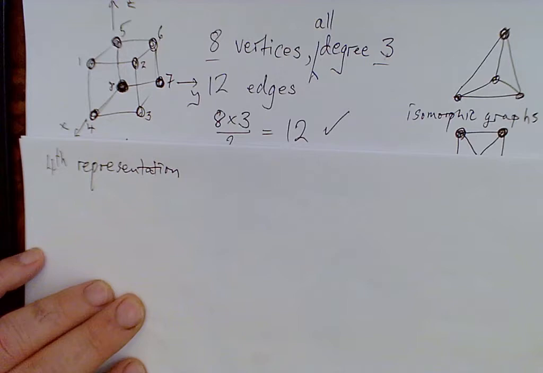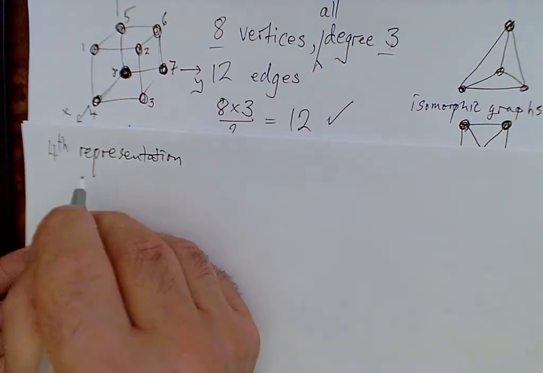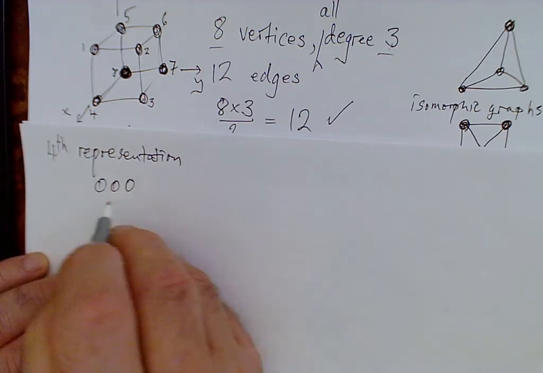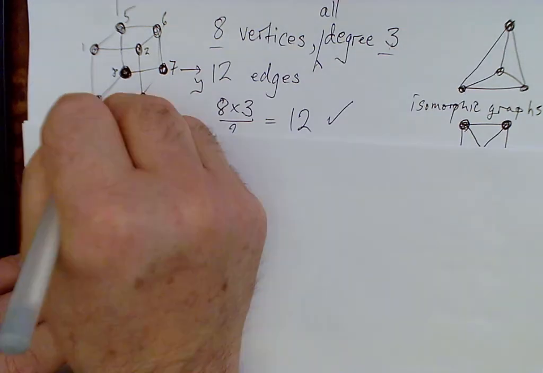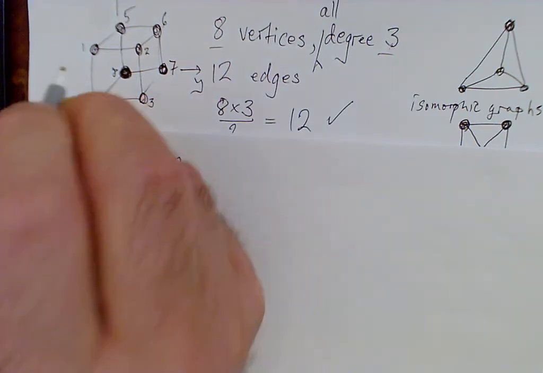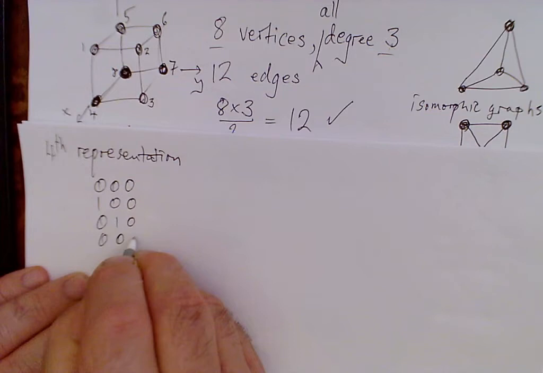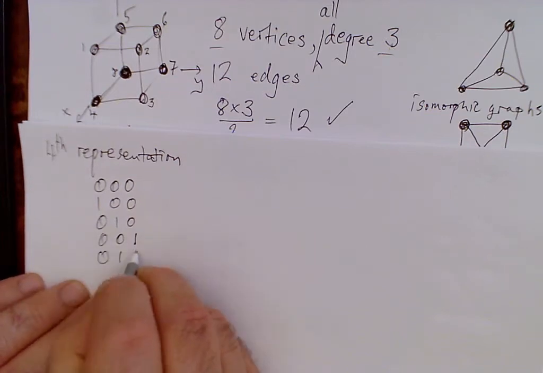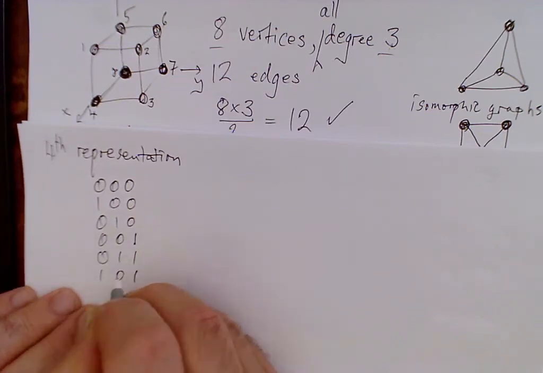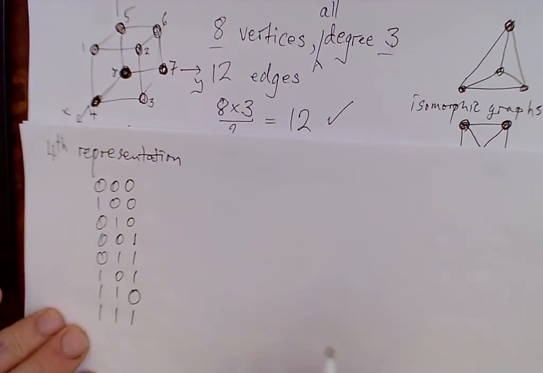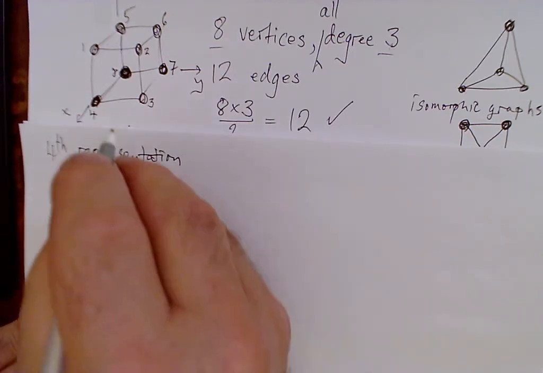I'm not going to use brackets or commas, I'm just going to write them in a row. So the origin would be 0 0 0. Then we might have 1 0 1, that would be this point here, labeled 4. 0 1 0, 0 0 1, 0 1 1, 1 0 1, 1 1 0, and finally 1 1 1, which corresponds to vertex number 2.